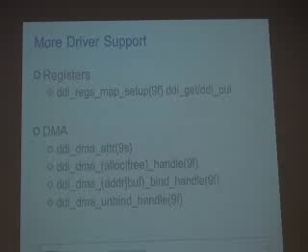DMA, you have ddi_dma_attr as a data structure. You have your ddi_dma_alloc_handle, ddi_dma_addr_bind_handle, unbind_handle, etc. If you wanted to do DMA, the first thing that you would do is allocate and initialize a ddi_dma_attr structure, which describes a device and DMA engine specific attributes.